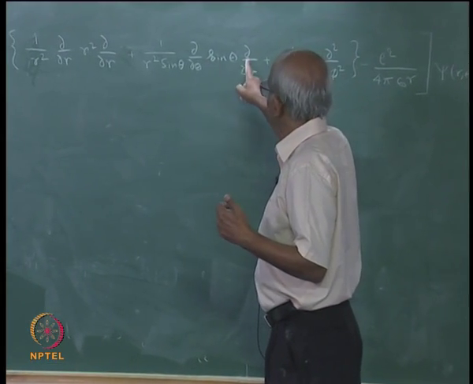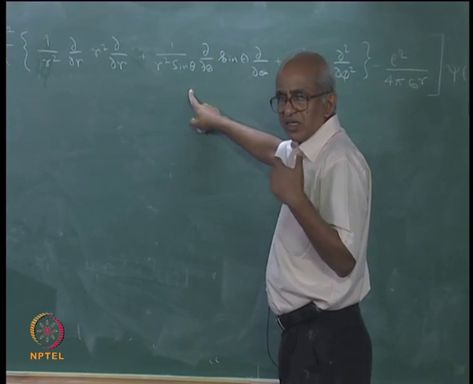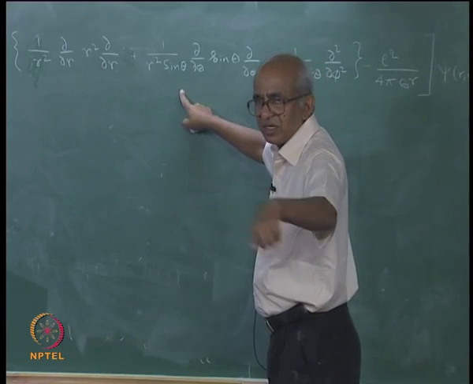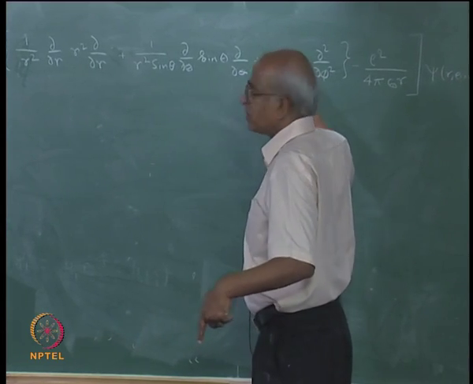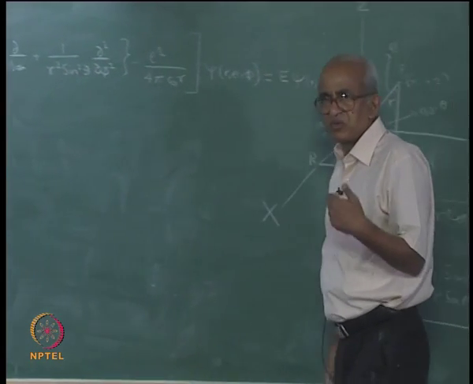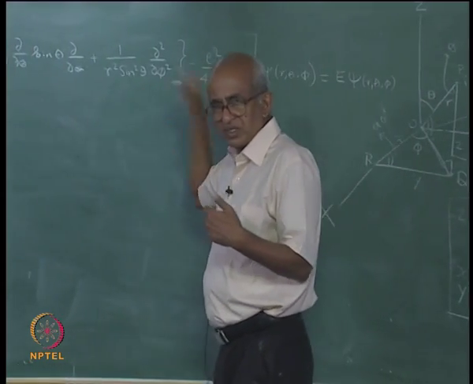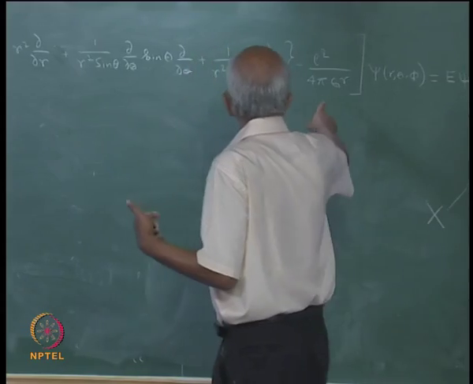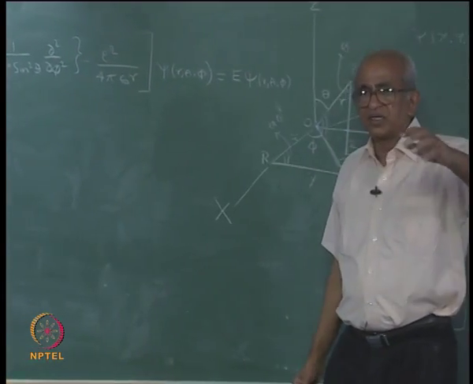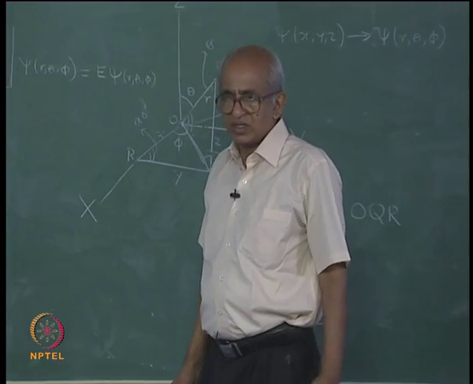You can see that there is differentiation with respect to theta here, and that is simply happening because this represents kinetic energy associated with theta motion, and this represents kinetic energy associated with phi motion. So, those are the physical meanings of the different terms, and this term of course simply represents the potential energy due to the fact that there is electrostatic interaction between the electron and the nucleus.